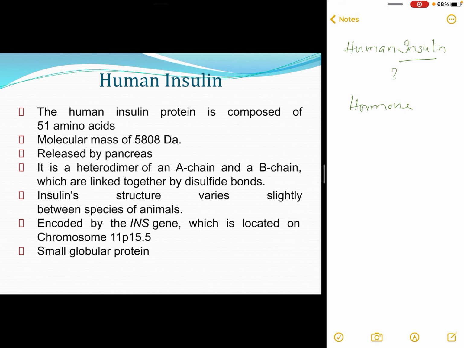So there are two functionalities of insulin as a hormone. One is regulating energy storage, and the other is glucose metabolism.